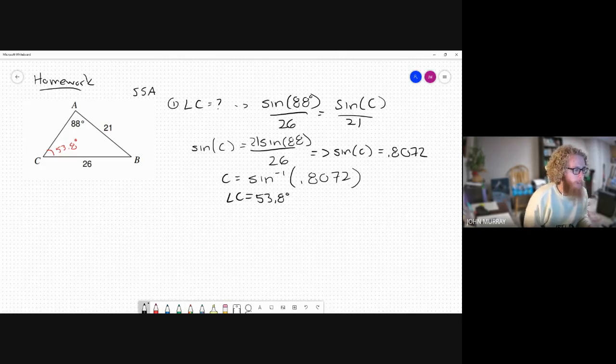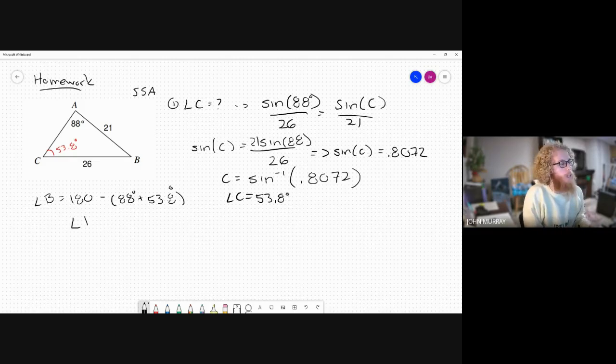All right, so next up, we would have angle B. That's pretty simple. We add up our two other angles and we subtract that from 180. So we get angle B, 180 minus 88 minus 53.8.